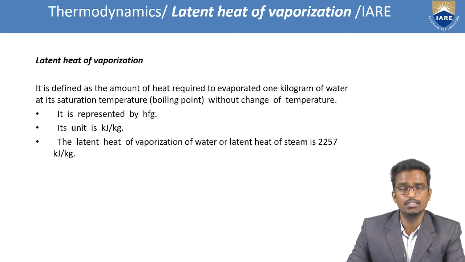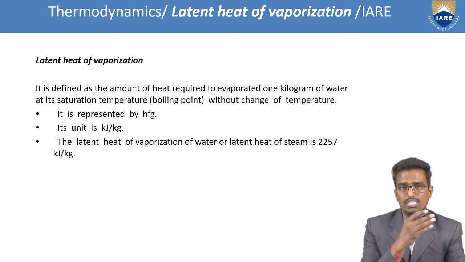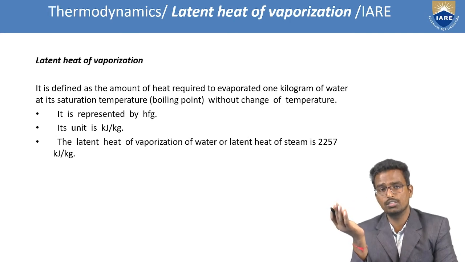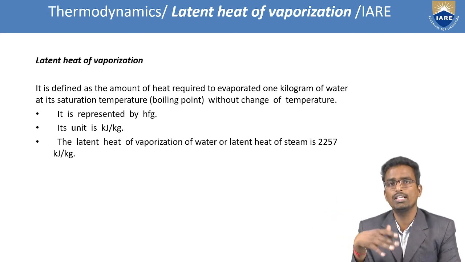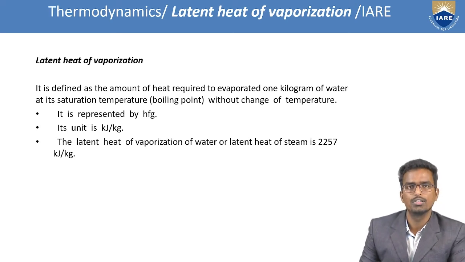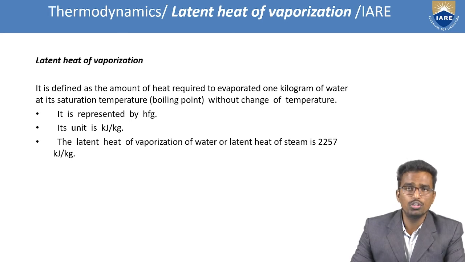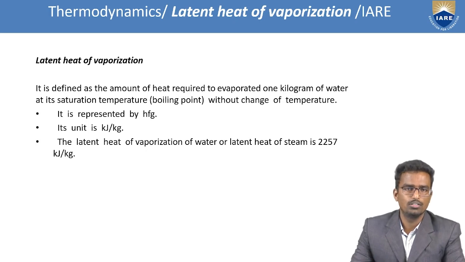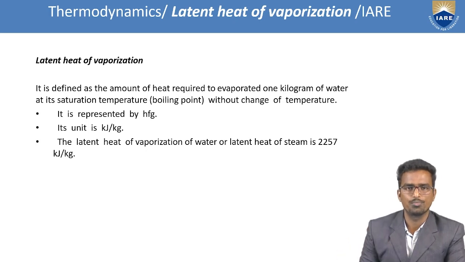Next, latent heat. Previously we discussed specific heat, which is one form of heat. There is one more form, latent heat. What is latent heat? It is defined as the amount of heat required to change the phase of a system.